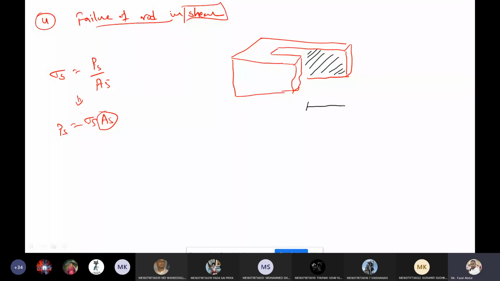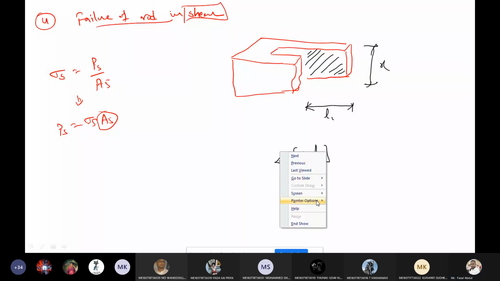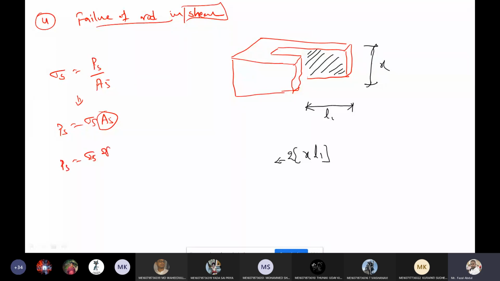Now length is L1, its width is x. So two failure areas we are facing, so for that reason multiplying with 2 into x into L1. So write the equation here: P_S equals shear stress into 2 into x into L1.